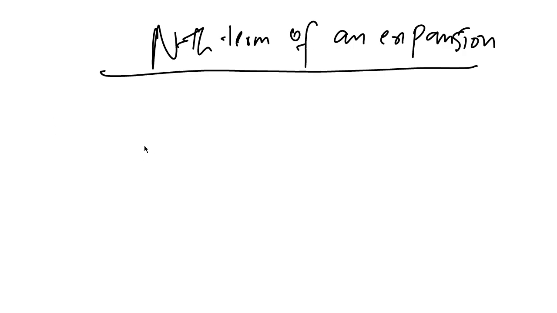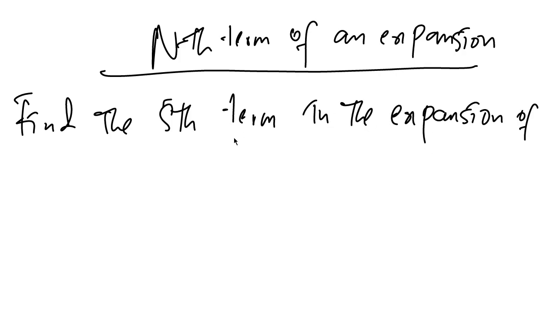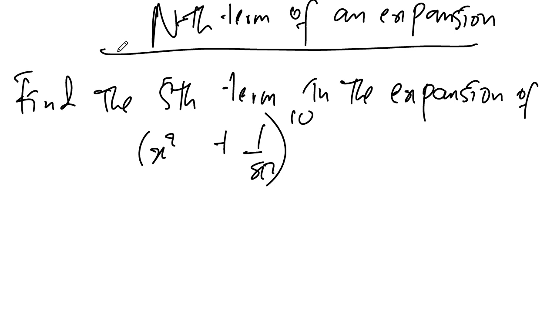So this is a past question I'm about to write down now, and it says find the fifth term in the expansion of x squared plus 1 over x squared to the power of 10. x squared plus 1 over x squared to the power 10.